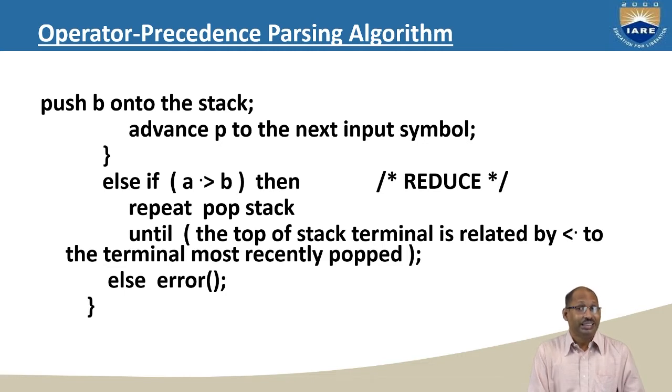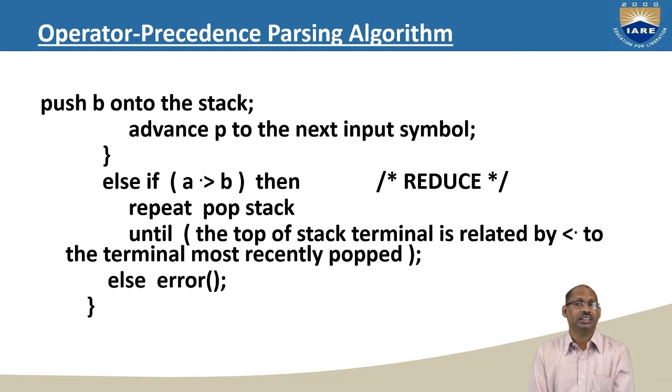Else if the stack symbol has higher precedence than B, then perform the reduction. What is it? Pop the stack symbols until the top of the stack has less precedence than the input symbol.